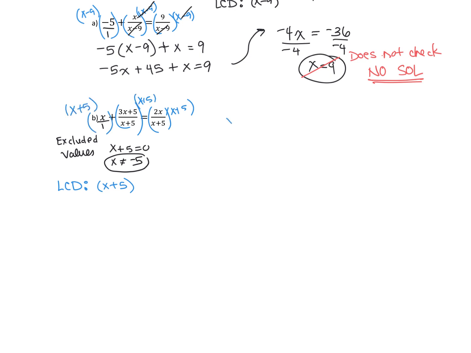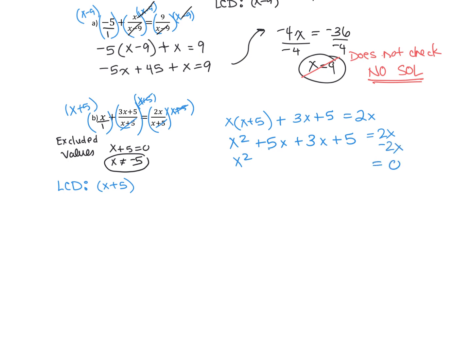you can see I get x times x plus 5 because nothing cancels. Here the x plus 5 cancels and we get 3x plus 5. And here the x plus 5 cancels and we get 2x. So we have x squared plus 5x plus 3x plus 5 equals 2x. And I'm going to move everything over to one side and set it equal to 0.